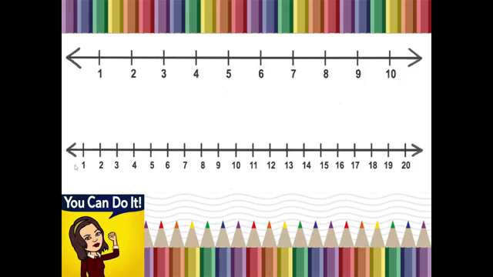Let's count the numbers together. 1, 2, 3, 4, 5, 6, 7, 8, 9, 10, 11, 12, 13, 14, 15, 16, 17, 18, 19, 20.